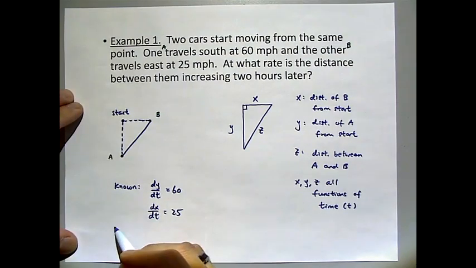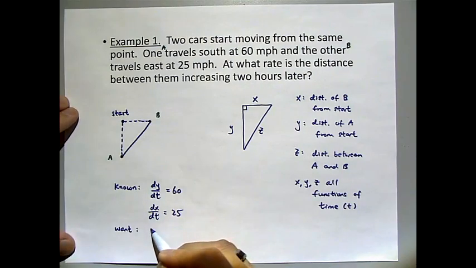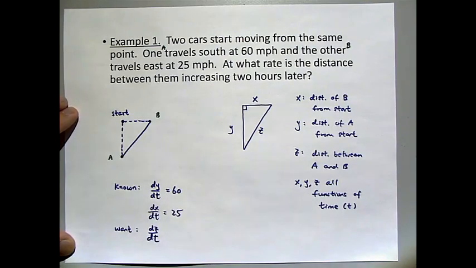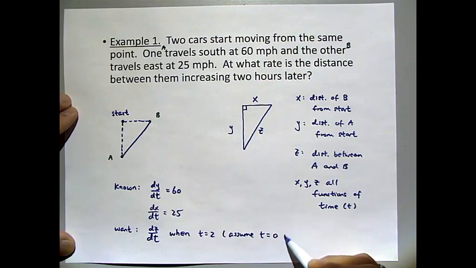What do we want? So what mathematical quantity are we looking for here? dz dt when, at what moment? t is 2, assuming that t equals 0 is when we start.